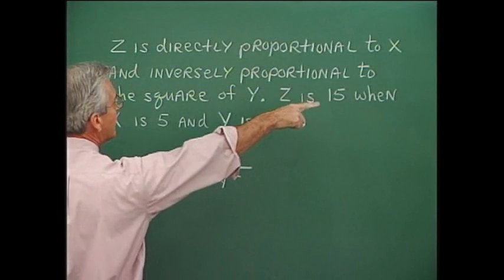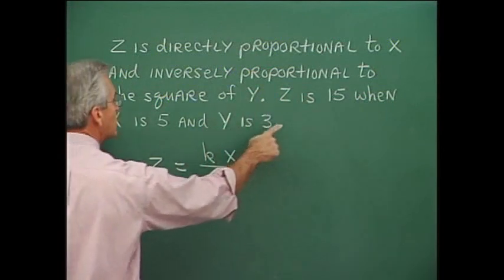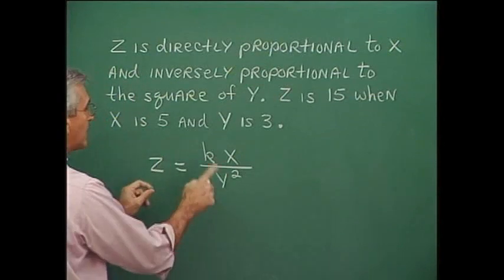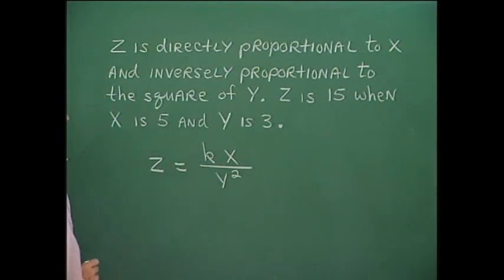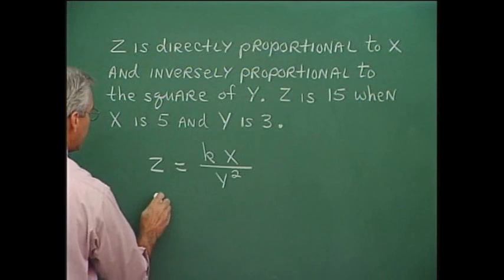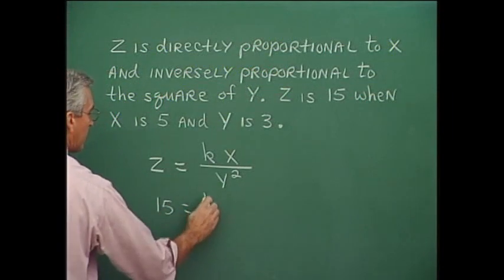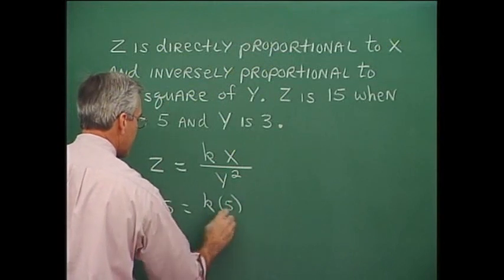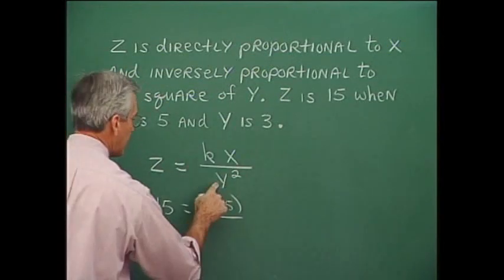Now, this problem goes on and allows us to manipulate our relationship a little bit further. It says z is 15 when x is 5 and y is 3. Now, this information about our three variables allows us to identify the constant of proportionality. Let's do that here. Z is 15 when x is 5 and y is 3.